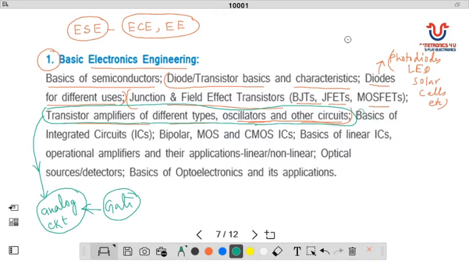And next comes the basic electronics of integrated circuits, that is the IC: bipolar, MOS, CMOS ICs, basics of linear ICs, operational amplifiers and their linear and non-linear applications, optical sources and detectors, and basics of optoelectronics and its applications.